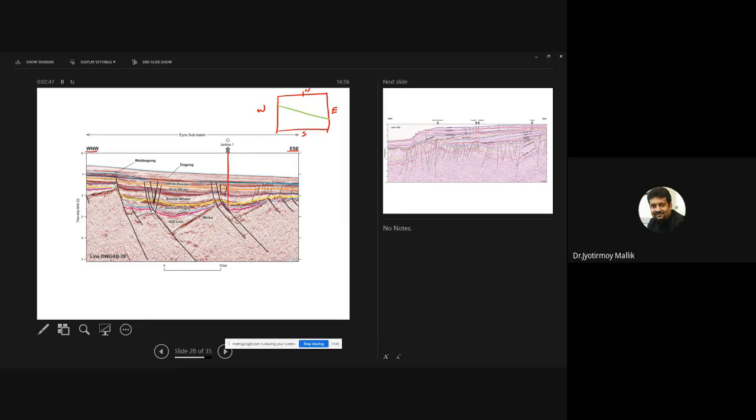In this section, you can see, first of all, the top surface itself has a slope. The top surface itself is not essentially flat. It's not like this. It has a slope. What is the reason? I don't exactly know, but could be anything. It could also be a slope of the sea.